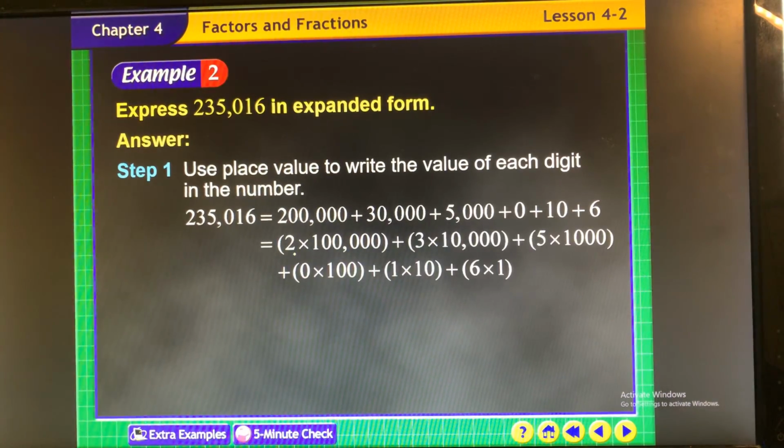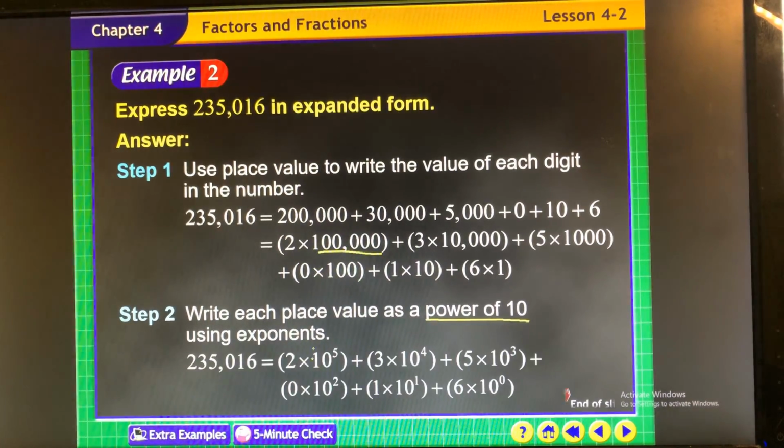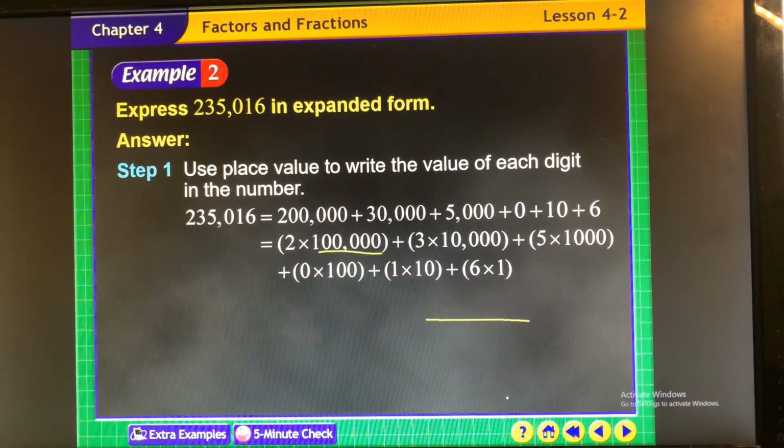Then that's the same thing as saying 2 times 100,000 plus 3 times 10,000 plus 5 times 1,000 and so forth, okay? Then they want you to express this as powers of 10. So this would be 2 times 10 to the 5th, because that gives you the number of zeros. 3 times 10 to the 4th, because 10 to the 4th is 10,000, and so on. I'm going to show you how to do that easy.